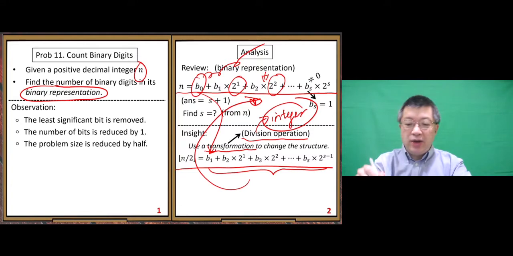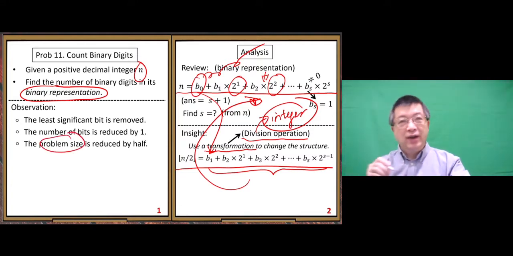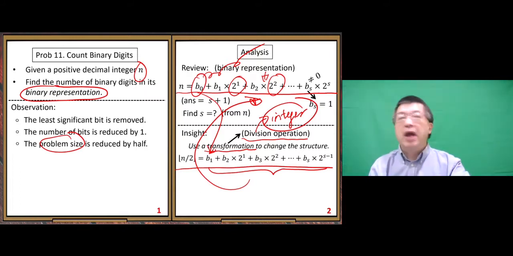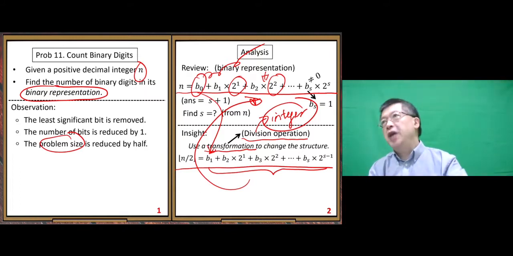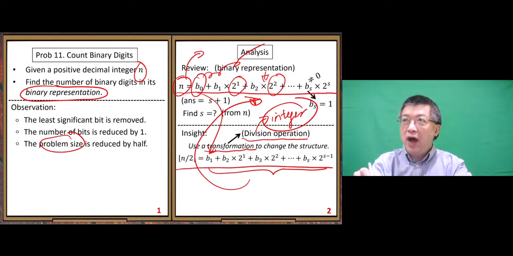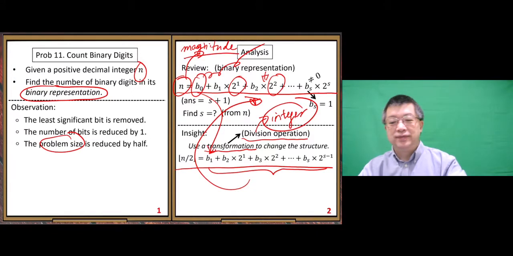Here we're talking about the problem size. Remember, when we discussed this concept, problem size, there is one special case. The problem size is the magnitude of the number. Magnitude.